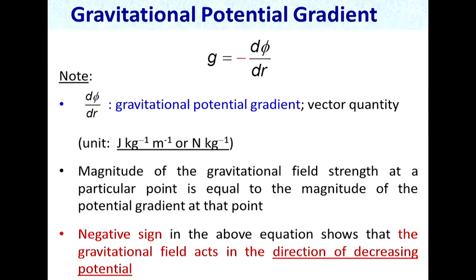That means if you move from far away towards the surface of Earth, as you move in the direction of the G field, the potential must decrease, which is what you have experienced. GPE decreases as you move closer to the surface of Earth. That's what the statement is trying to say: G field acts in the direction of decreasing potential.